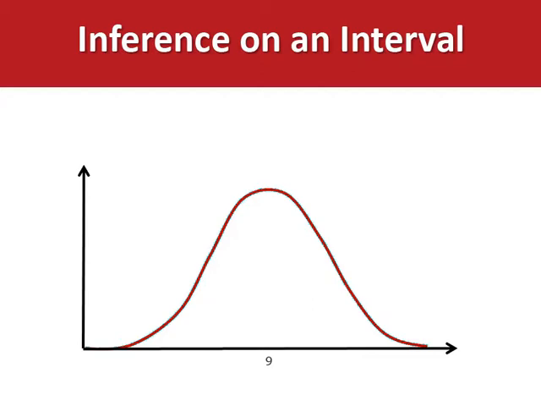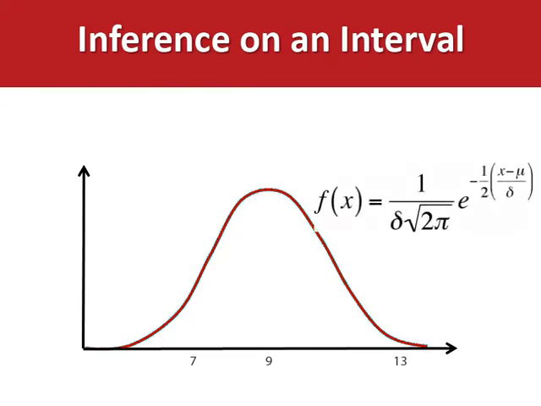Let's say our policy is to stock shoes in sizes between 7 and 13. If we know which normal curve describes shoe sizes, we can use integral calculus to calculate the area under the normal curve between these two sizes, 7 and 13.